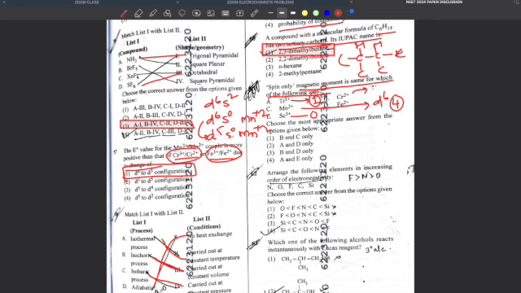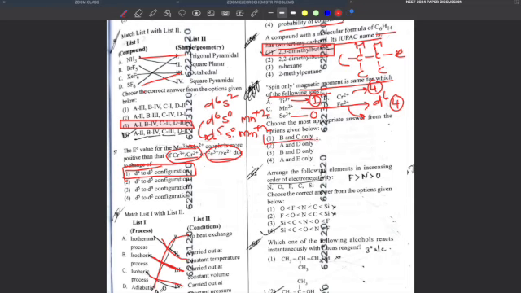Chromium plus 2 has d4 configuration, so it has 4 unpaired electrons. Fe plus 2 has 4s0 3d6. So that means only chromium and manganese should have it. So that is C and B.